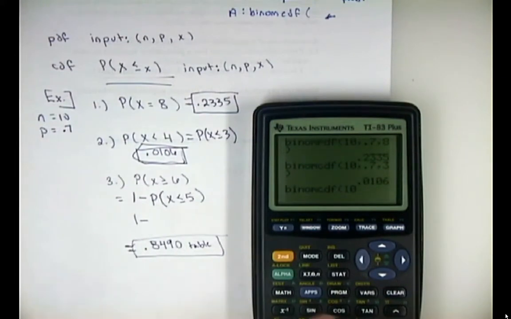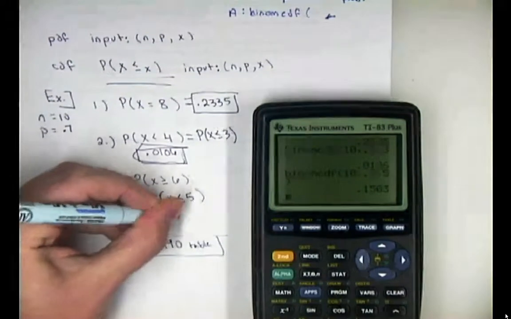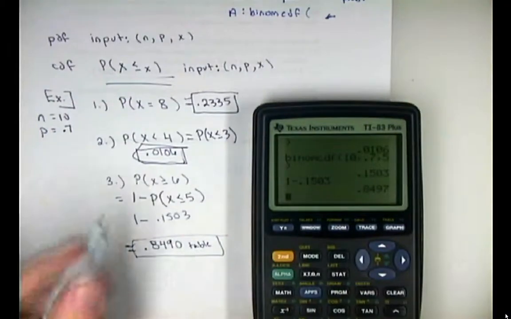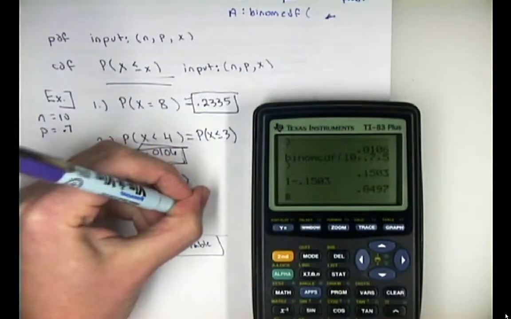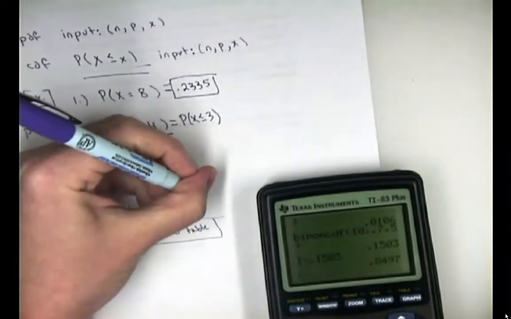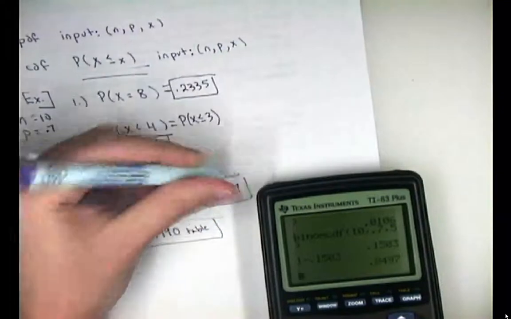You input n, which is 10, p, which is probability of success, 0.7, and then let's input 5, and it gives us 0.1503, and then if we say 1 minus 0.1503, we get a little bit different value because it's using its calculator formula, .8497. So this is a more accurate one.